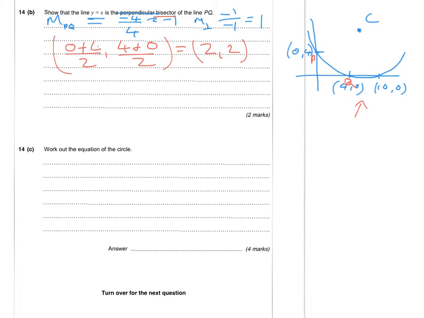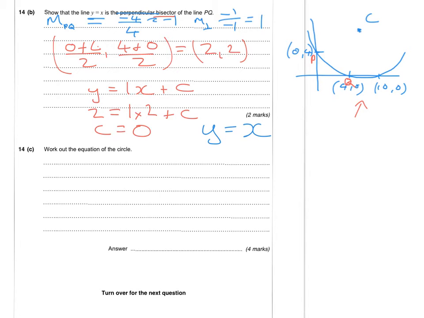So our equation will be y equals 1x plus c, and 2 equals 1 times 2 plus c, so c equals 0. So y equals x.